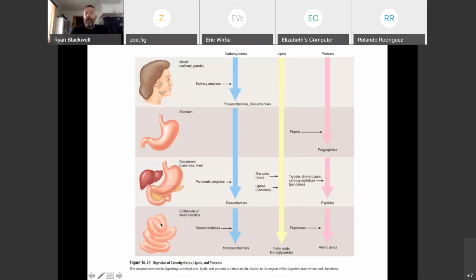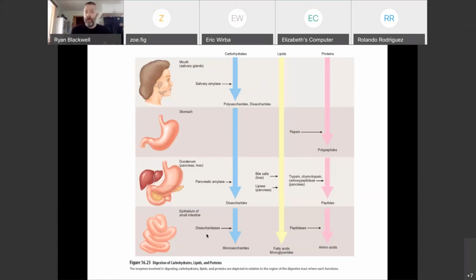Enzymes within our epithelial cells drive the last bit of chemical breakdown of disaccharides into monosaccharides. That's why they're sometimes called disaccharide-ases. Now, I'm sure many of you know this already, but sucrose, common table sugar, the sugar you see in sugar packets, the sugar that you put in your coffee, is a disaccharide.